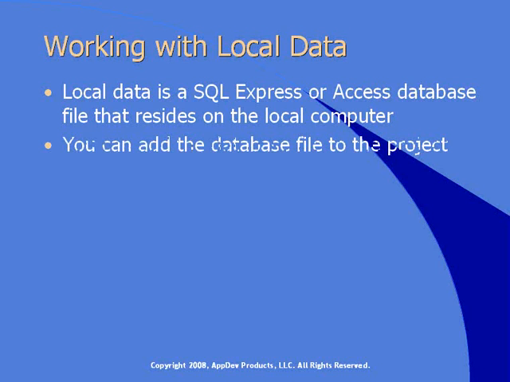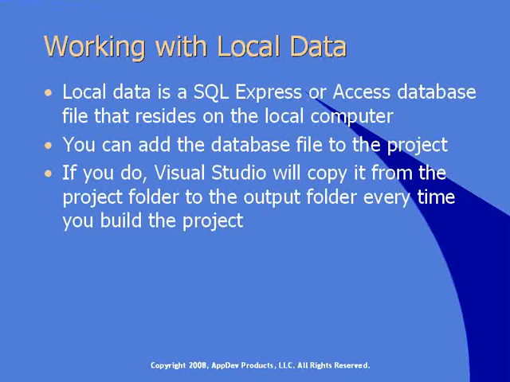When you do that, Visual Studio will ask you if you want to add the database file to the project. If you do, Visual Studio copies the database file into the project folder. And then, by default, Visual Studio will copy it from the project folder to the output folder every time you build the project. Well, this leads to a couple of things.